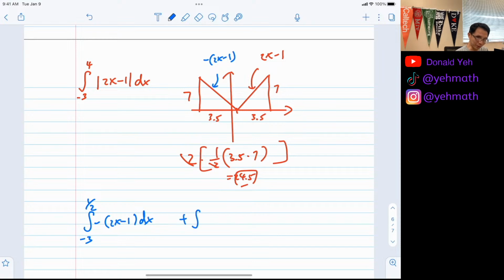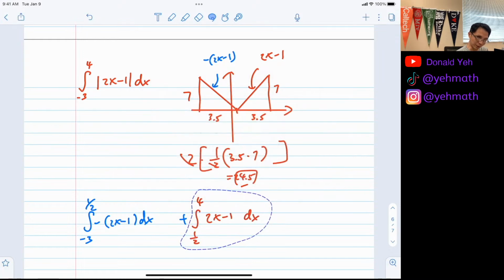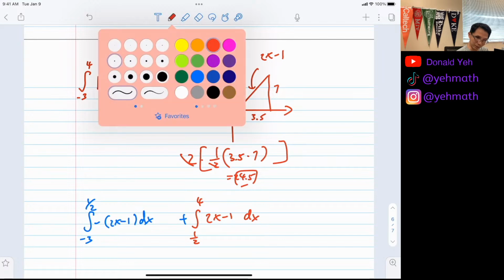The second boundary is going from 1/2 to 4 of 2x minus 1 dx. I'm going to change this to red, because that just represents the red part, and this represents the blue part.